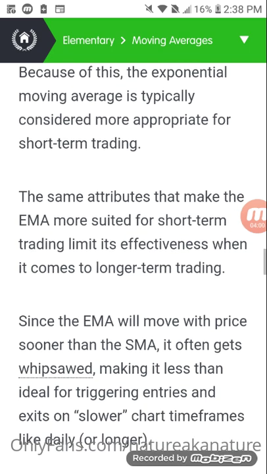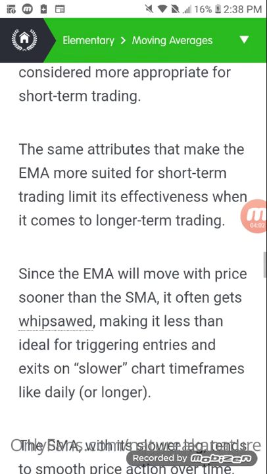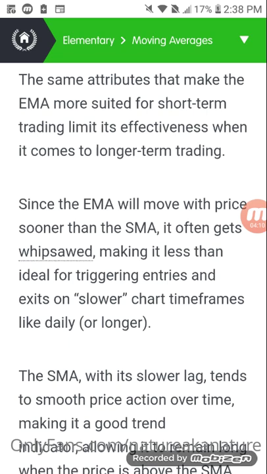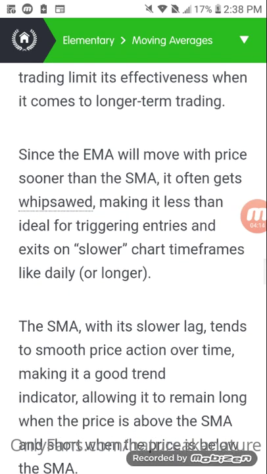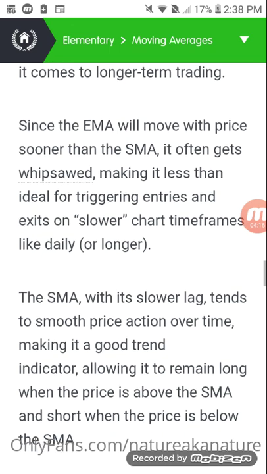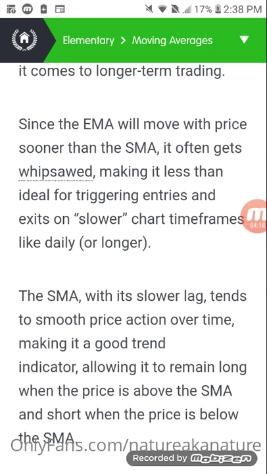The same attributes that make the EMA more suited for short-term trading limit its effectiveness when it comes to long-term trading, since the EMA will move with price sooner than the SMA and also often gets whipsawed, making it less ideal for triggering entries and exits on slower chart time frames like dailies or longer.